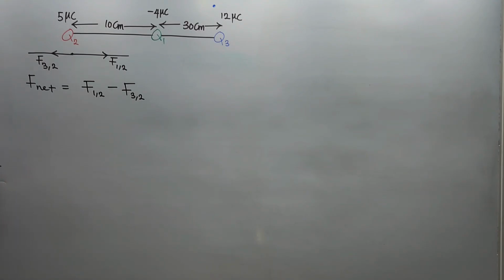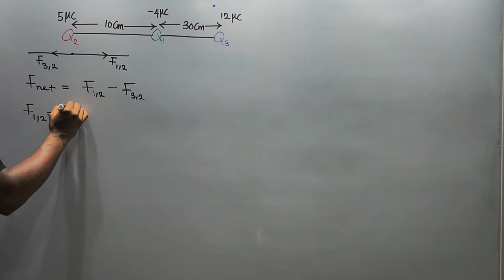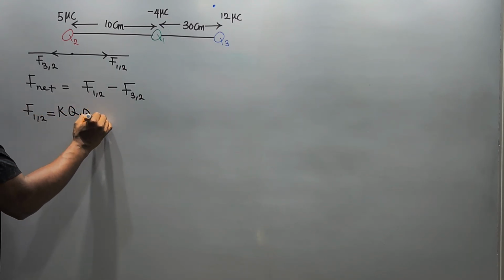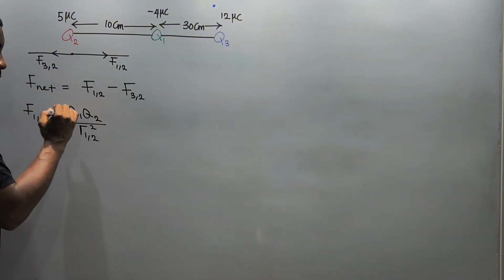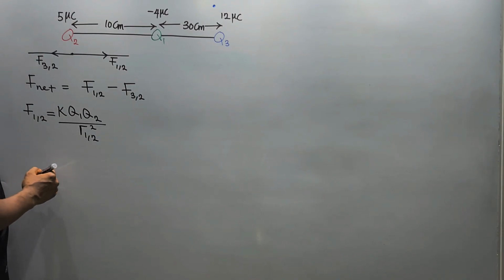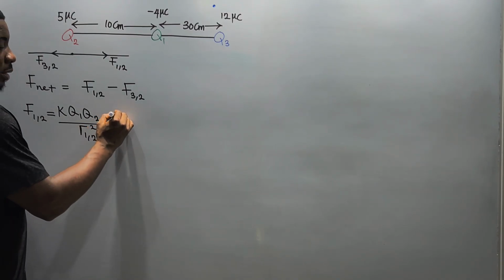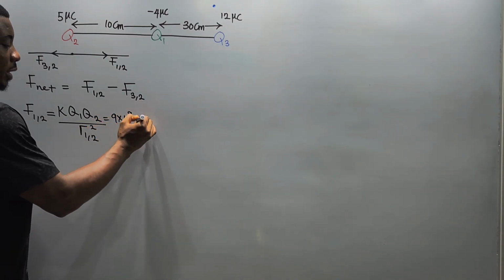So we just have to look for F. What is F1 on 2? F1 on 2 is K Q1 Q2 divided by the distance from 1 to 2 squared. What is K? K is 9 times 10 raised to the power 9.